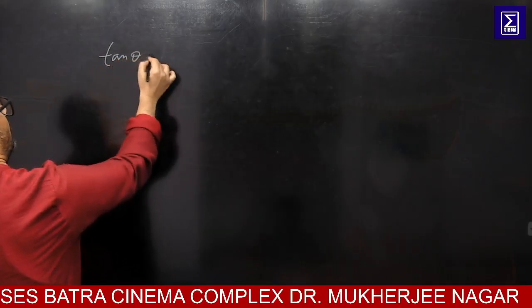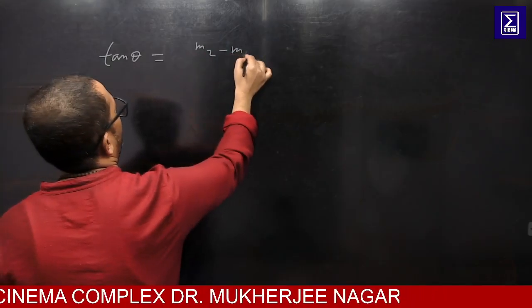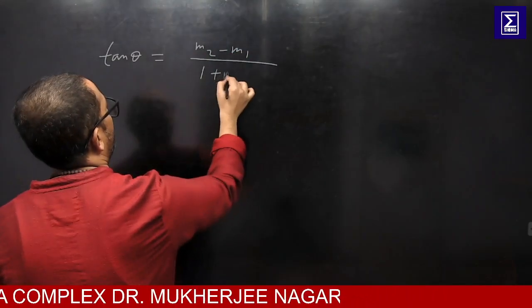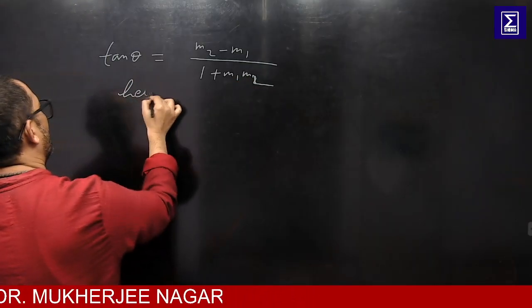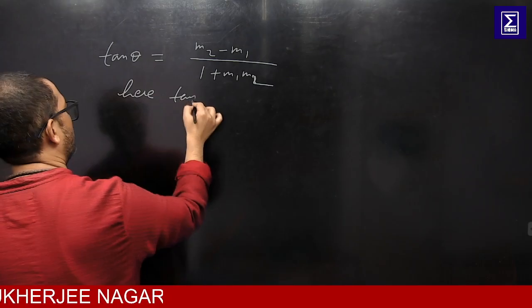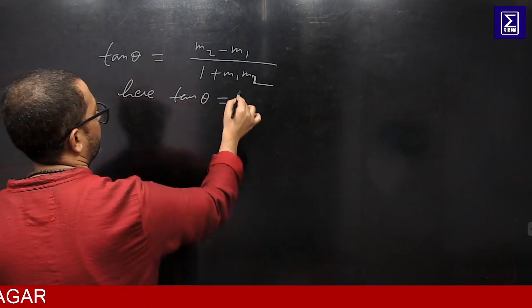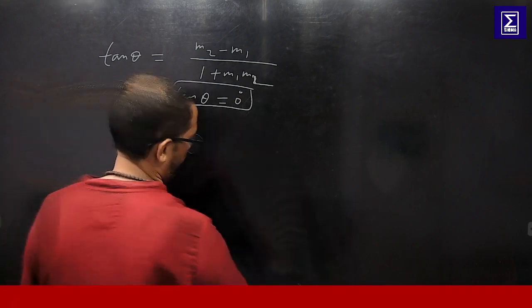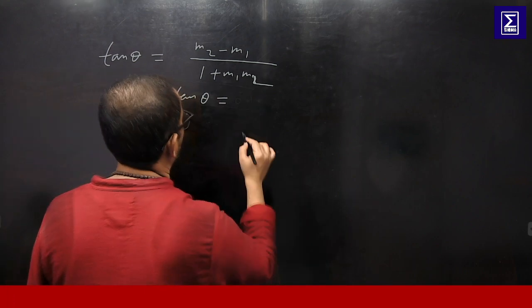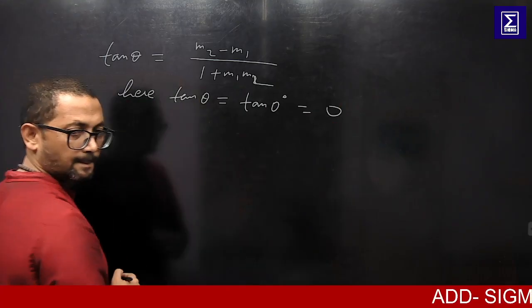We have the formula tan theta is m2 minus m1 upon 1 plus m1 m2. Here theta is 0 degrees, so tan theta is tan 0 degrees, which is equal to 0.